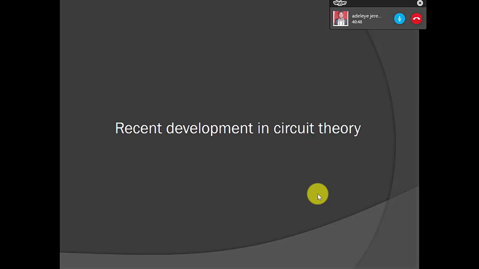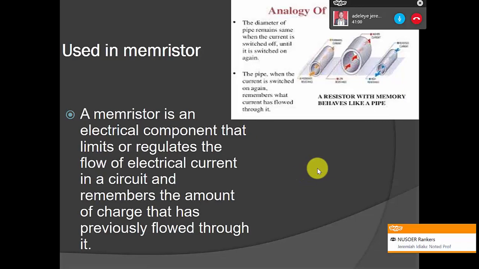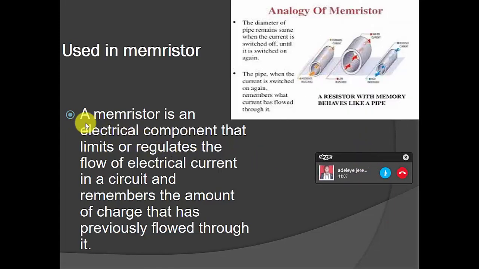Now, what are the recent developments in circuit theory? I have looked at the introductory part. Now, what are the recent developments? By recent developments, I mean the devices that use circuit theory. One of these is what is called the memristor. Memristor is a new device. It was actually developed in the year 2017, and I saw the article. They updated it on the 17th of November 2017.